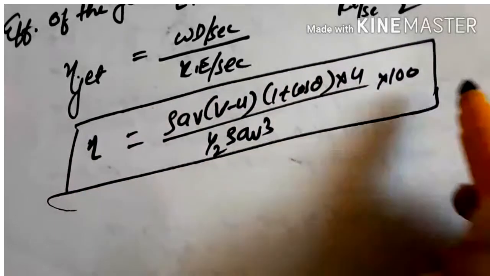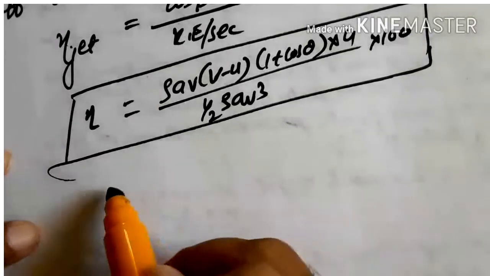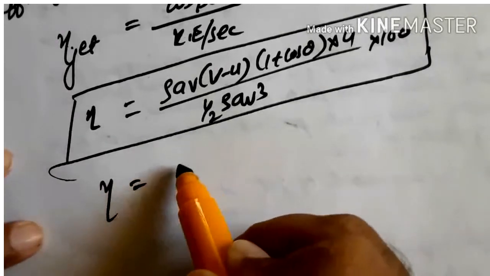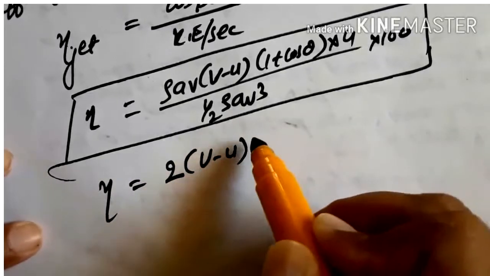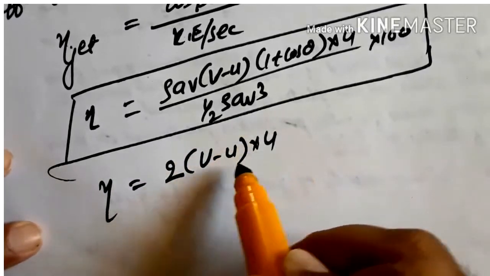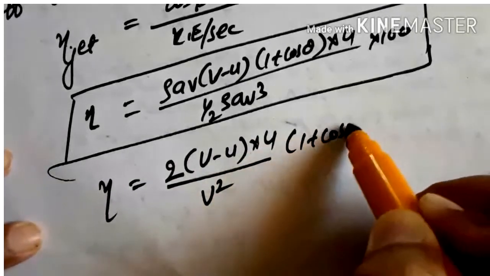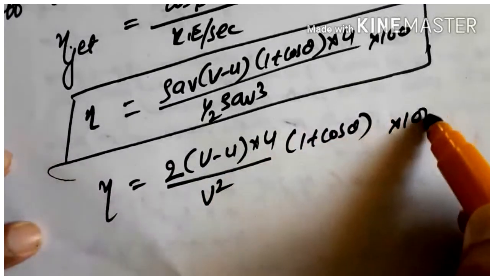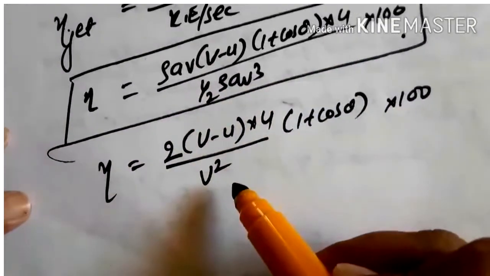Now we have to calculate the maximum efficiency. If you solve this further, you will get 2 (v minus u) u divided by v square, into (1 plus cos theta) into 100. If you simplify this further, we get this equation.